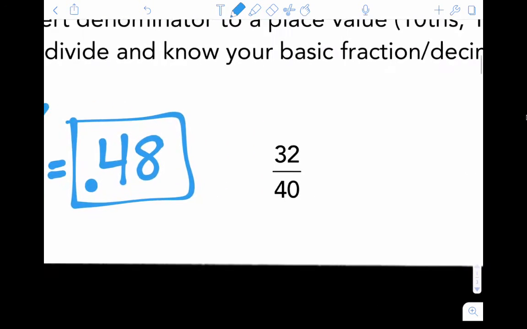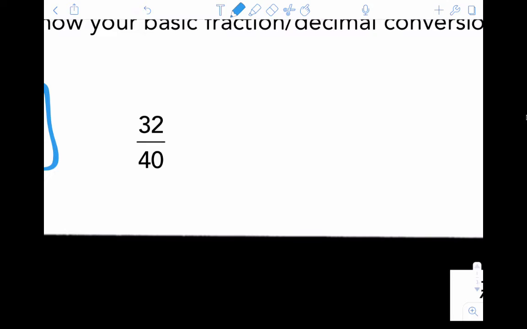Let's look at the next problem. 32 over 40. Well, I cannot multiply to get this number to be 100 or 1,000 or anything, but I can divide to get this denominator to go down to 10. I can divide by 4.